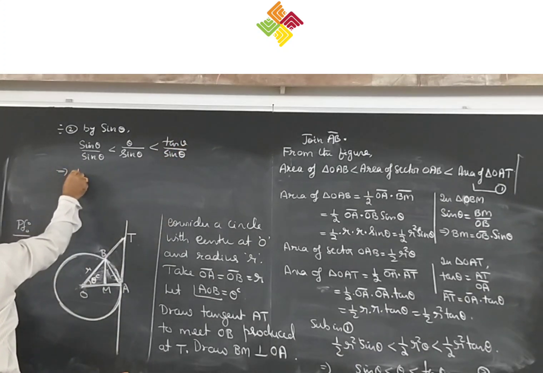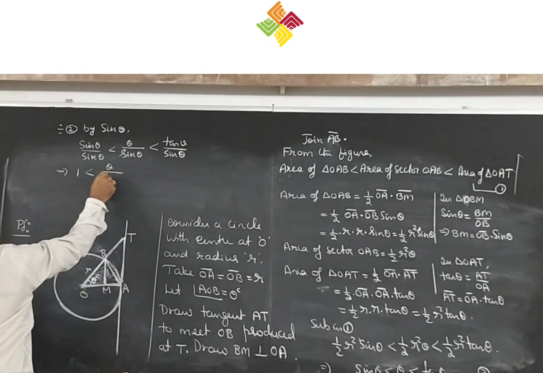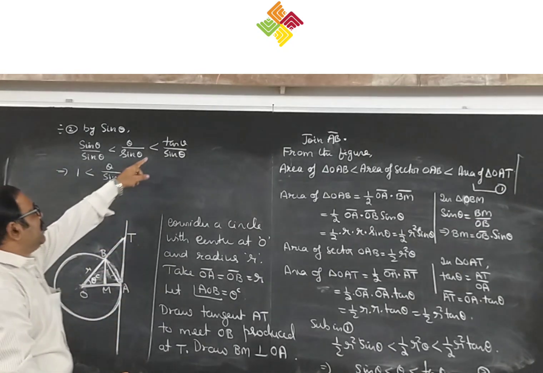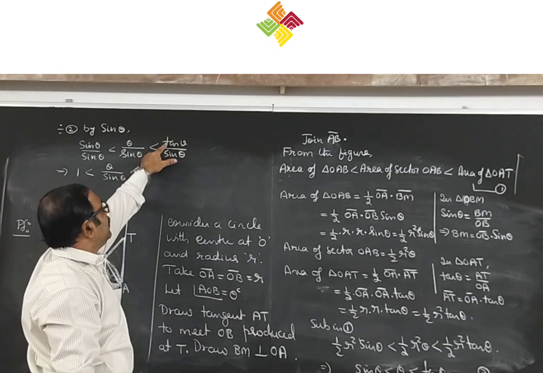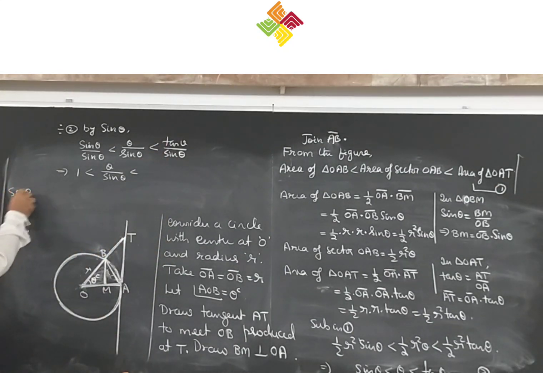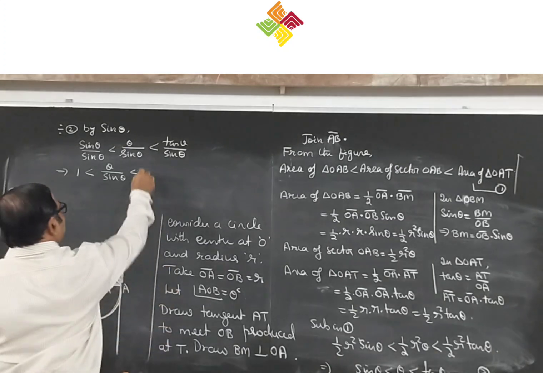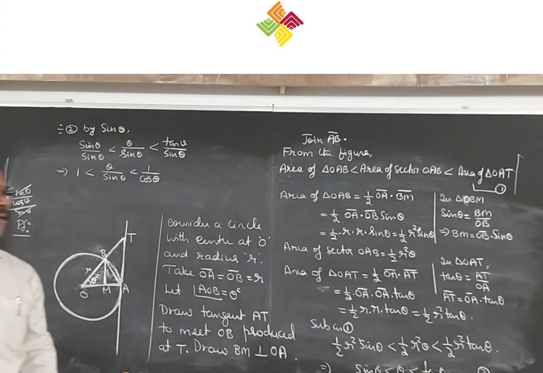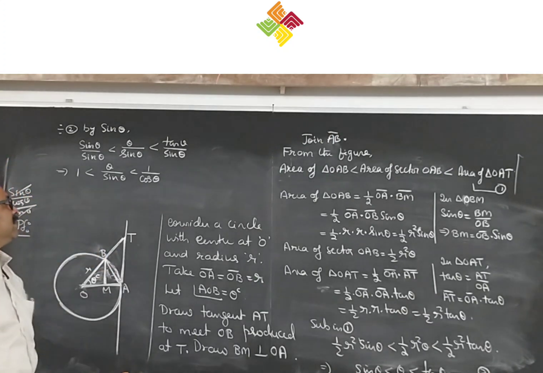That is 1 less than theta by sin theta less than tan theta by sin theta. Now, tan theta is how much? See, tan theta is sin theta by cos theta, divided by sin theta. Sin cancels. So this is 1 by cos theta.